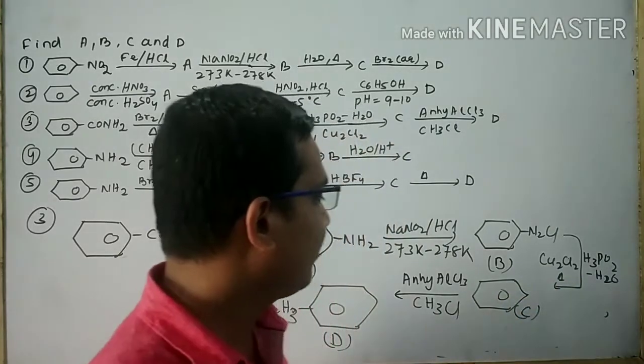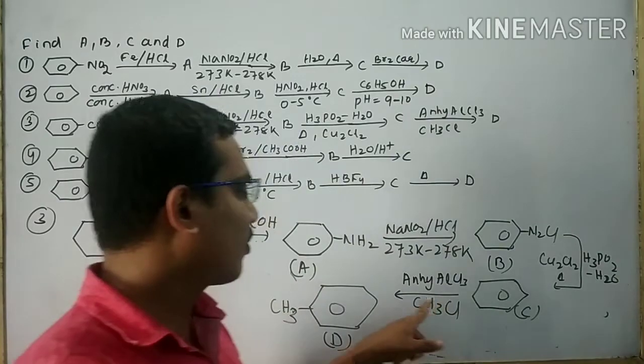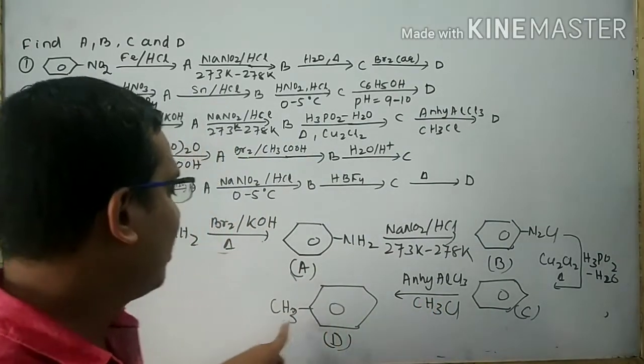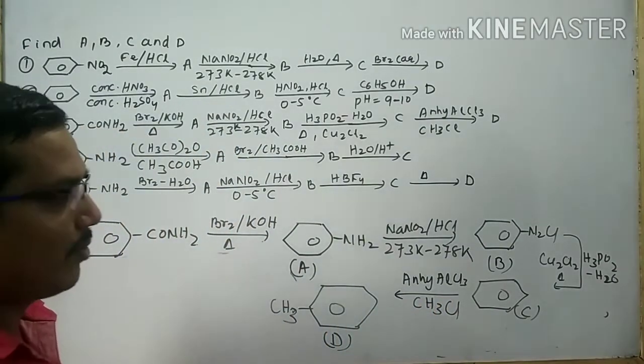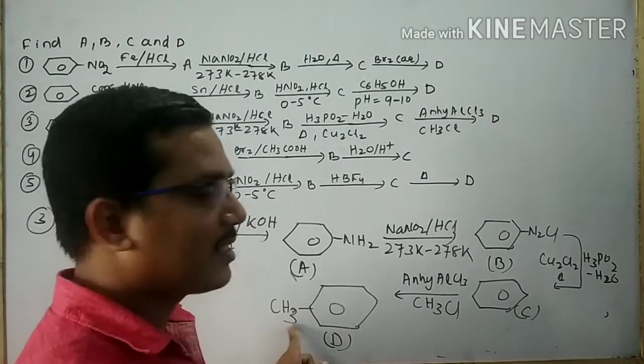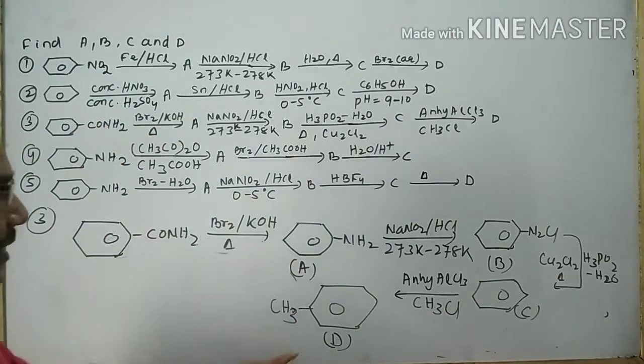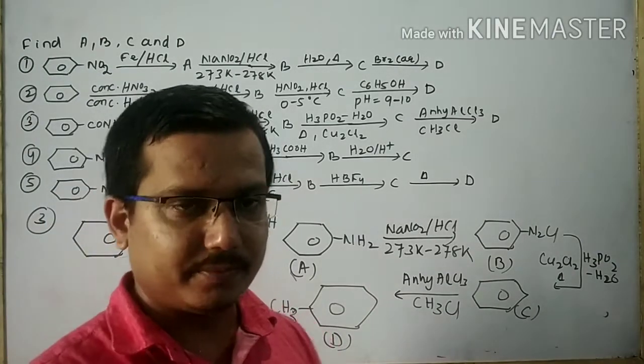Heat is also given. Then benzene is formed, and the benzene undergoes Friedel-Crafts alkylation. That is, alkyl benzene is formed. Here CH3Cl is taken, so the methyl group will attach to the benzene ring and form methyl benzene. That is called toluene, and it is considered as D.